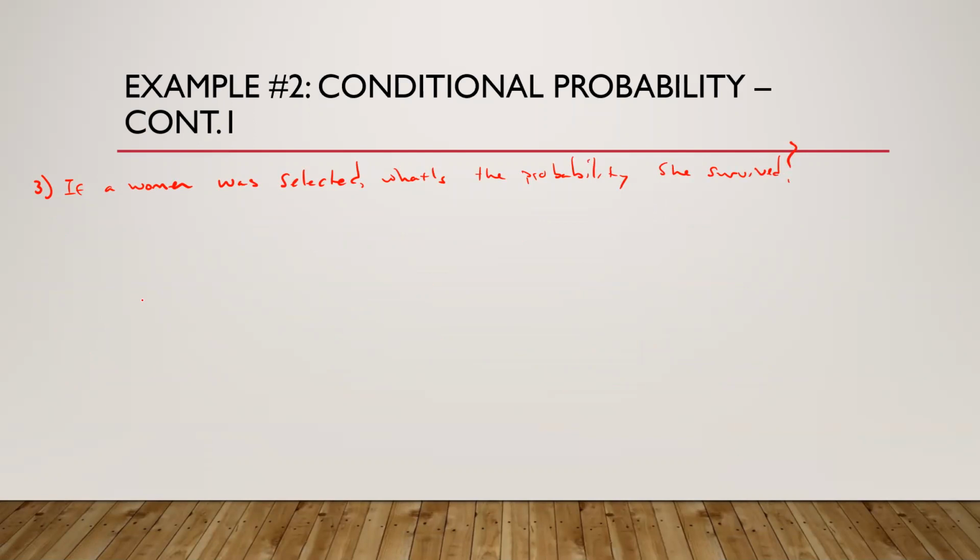So here you're given what type of person was selected? Were you given that man, child? You're told that a woman or a female was selected here. So you want to find the probability they survived, given that the person was a female.